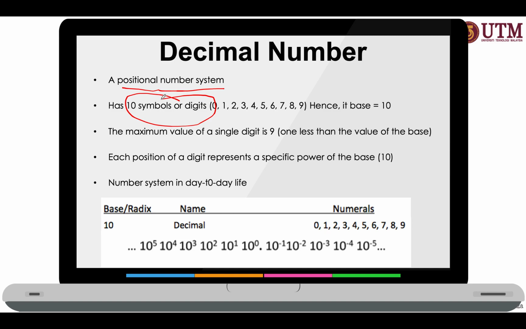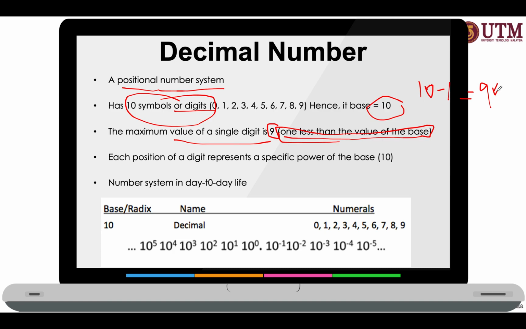We have 0, 1, 2, 3, 4, 5 until 9, and it is of course base 10. If you calculate, we have 10 digits. The maximum value of a single digit is 9. As I already mentioned in the previous slide, it is one less than the value of the base, which is 10 minus 1, which is 9. So this is the maximum value of a single digit.